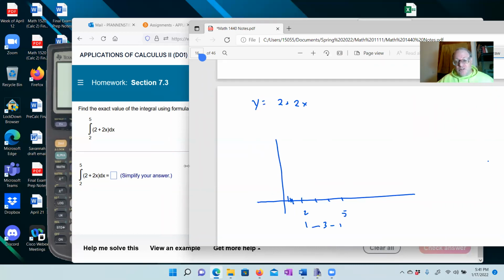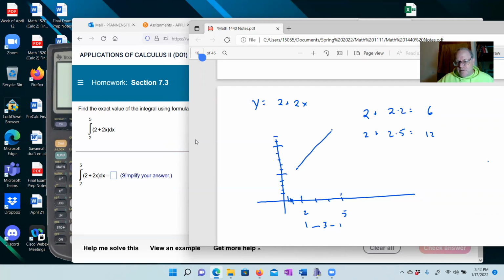Now, if I plug in 2, we have 2 plus 2 times 2, so that's 4, that's 6. And then at 5, because we're integrating from 2 to 5, we have 2 plus 2 times 5, which is 12.